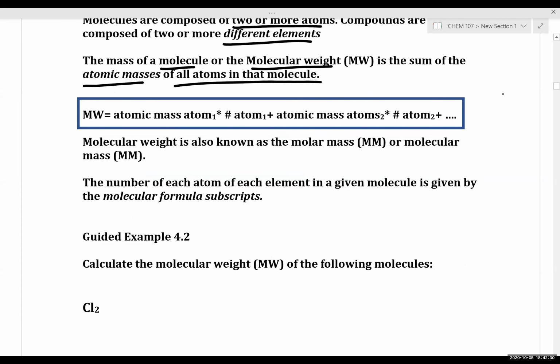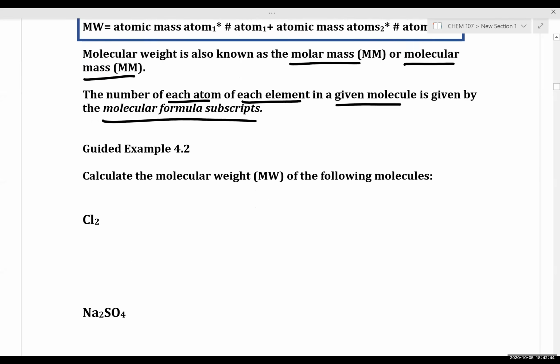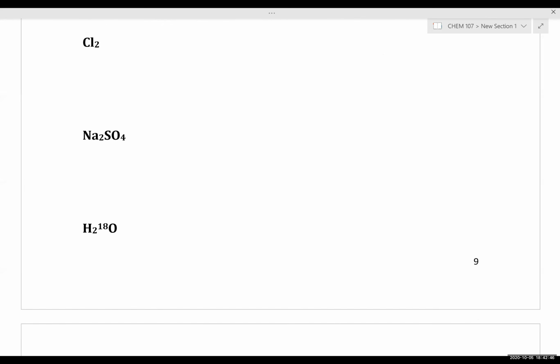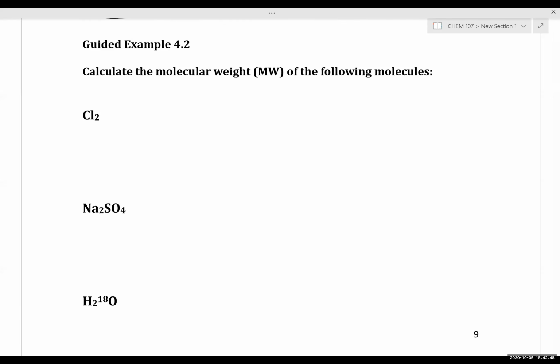Molecular weight can also be written as molar mass or molecular mass. The number of each atom of each element in a given molecule is given by the molecular formula subscripts. For example, we can calculate the molecular weight of molecules by adding up the mass of each of our individual atoms.